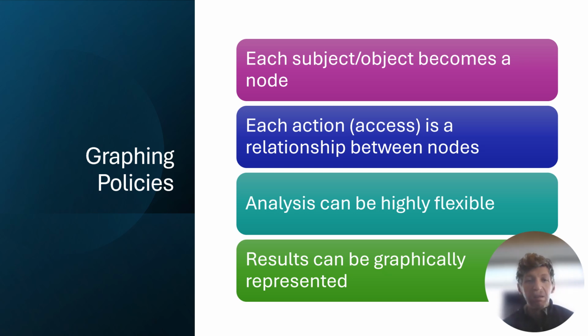And so you get lots of flexibility in the analysis tools. Furthermore, graphs visually represent things, making understanding between connections and nodes much easier for most folks than trying to figure out a mathematical solution to this. And so admins can use this to create very specific and very broad analysis of these policies.